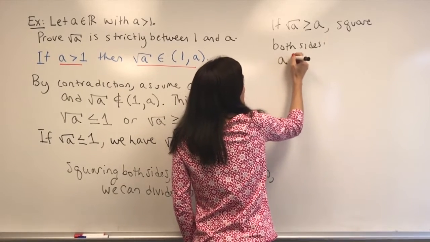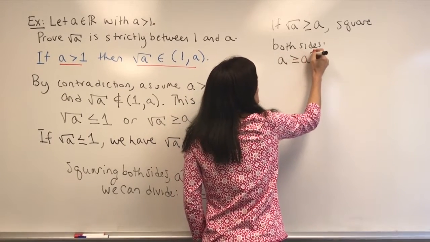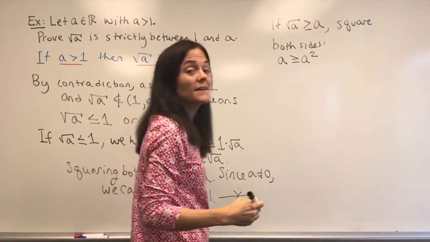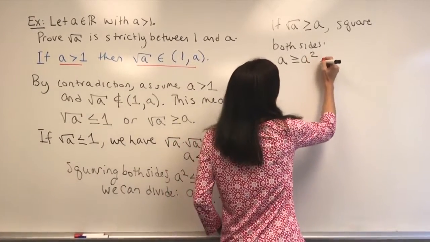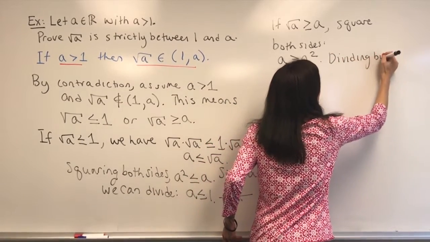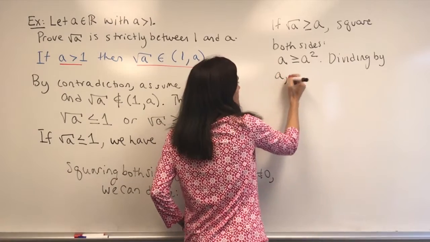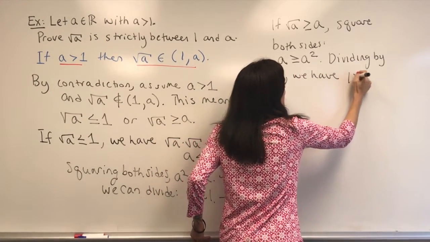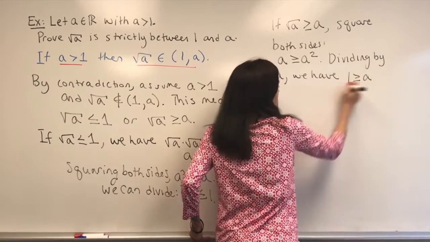And we get that A is greater than or equal to A squared. And again, we divide by A. One is greater than or equal to A, which is a contradiction.